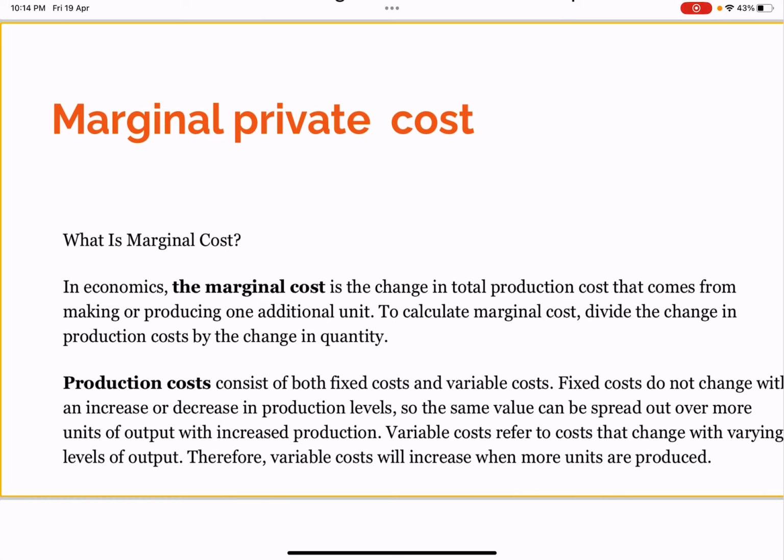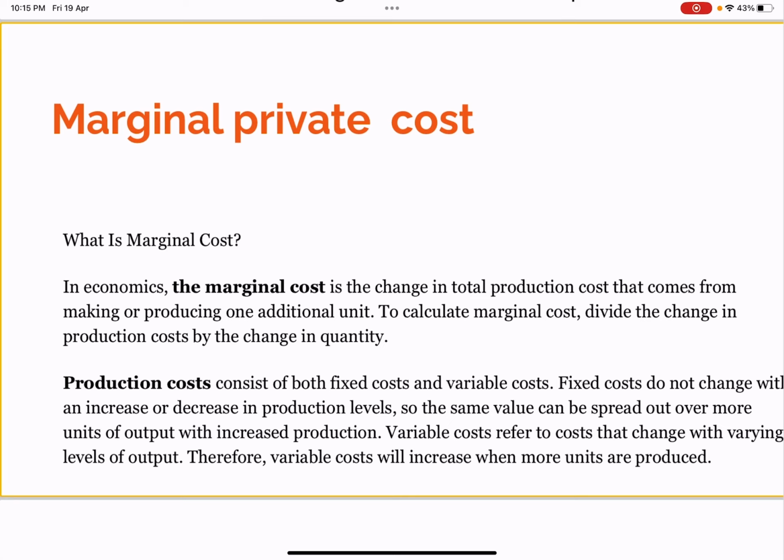And how do you calculate that? If you want to calculate the marginal cost, we need to divide the change in production cost by the change in the quantity. All right. So suppose there is a change in production cost from $100 to $110 when you are producing a quantity, let us say, from 50th to 51st, so there is an increase of one.